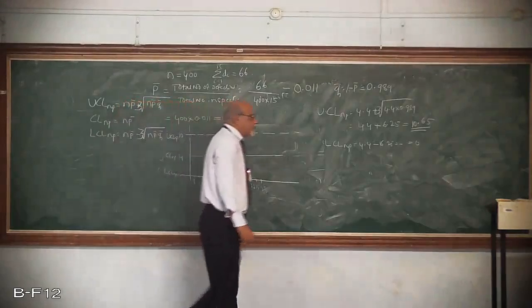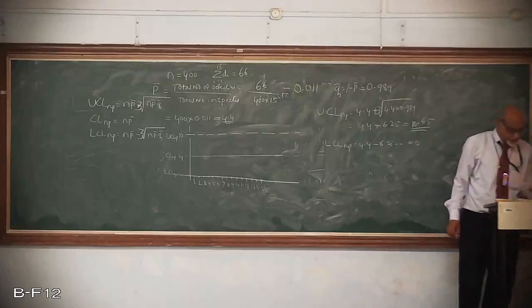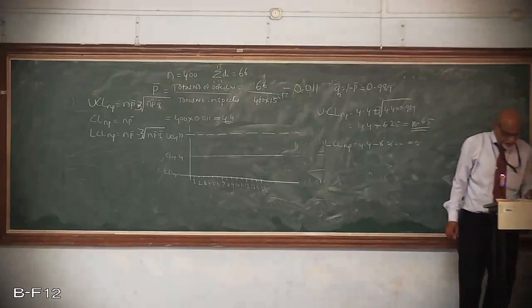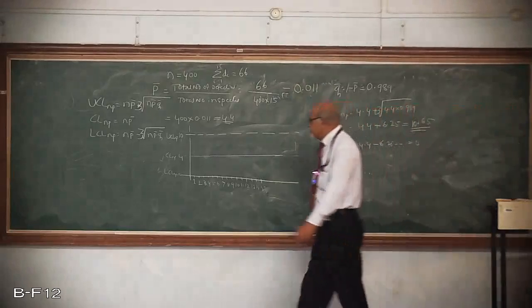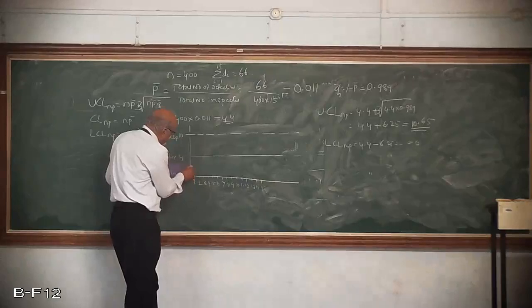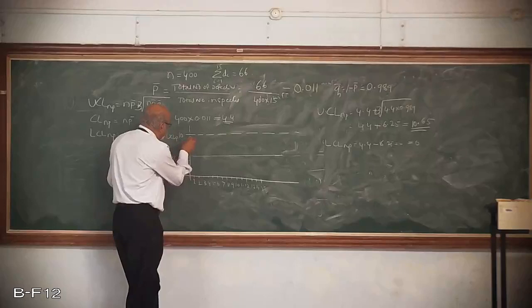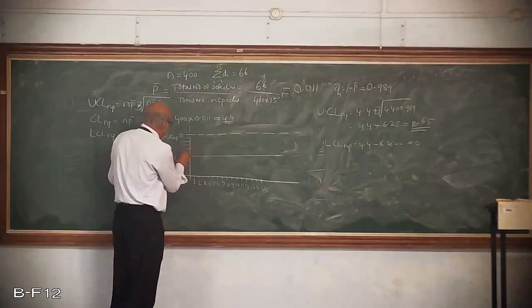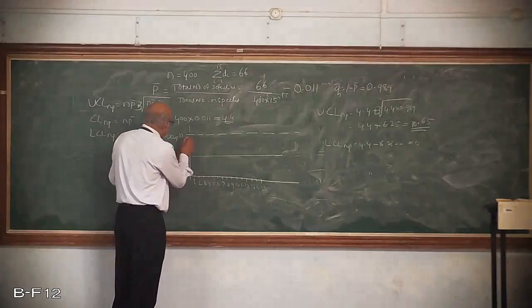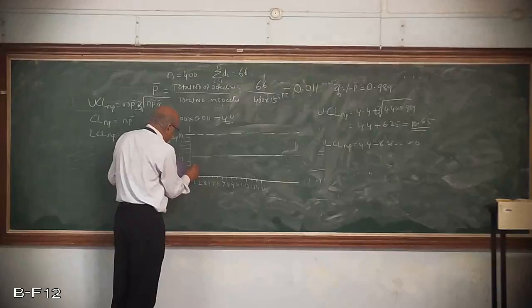Sample number 1, if we go on comparing, says that the number of defectives is 2. So that means I will mark this one here. So for the first sample, this is the point.